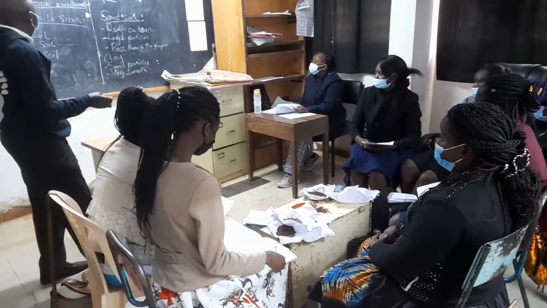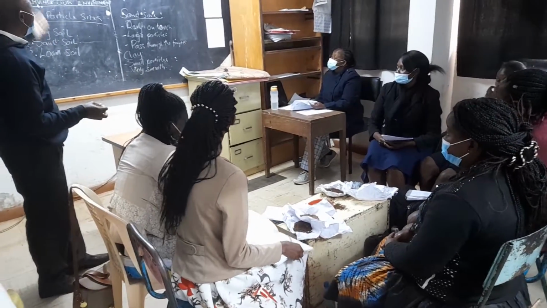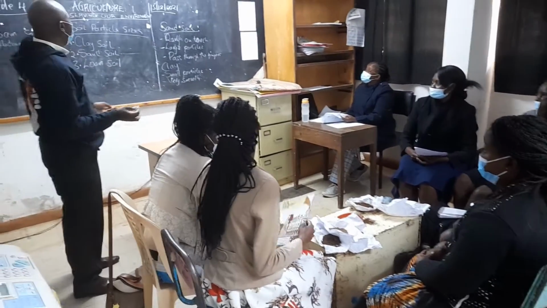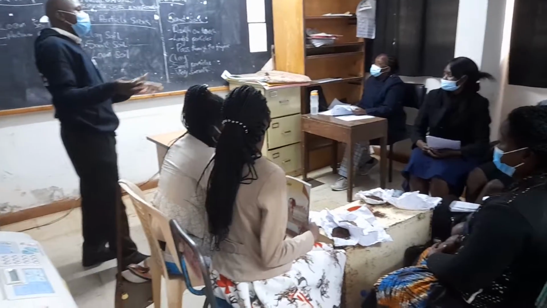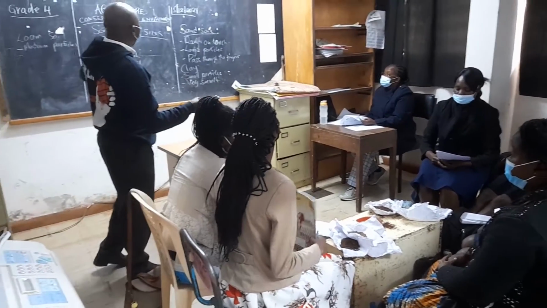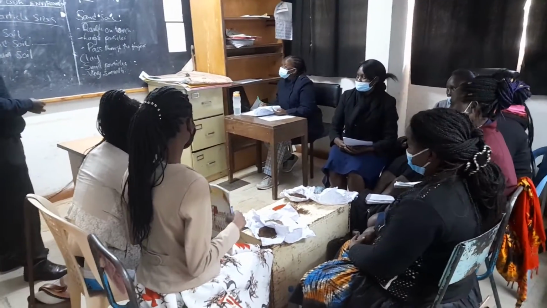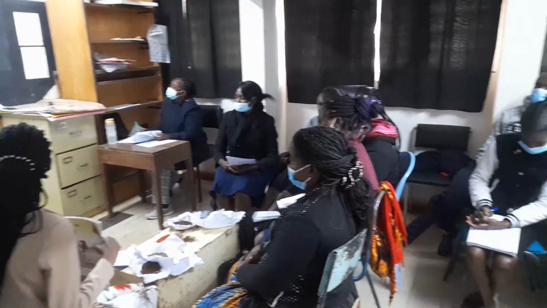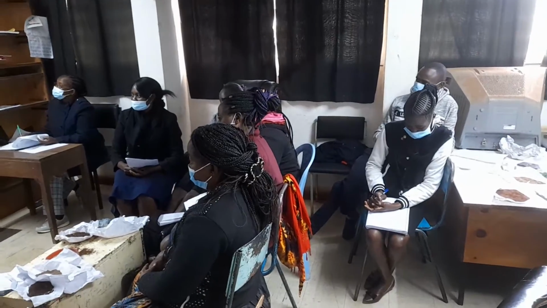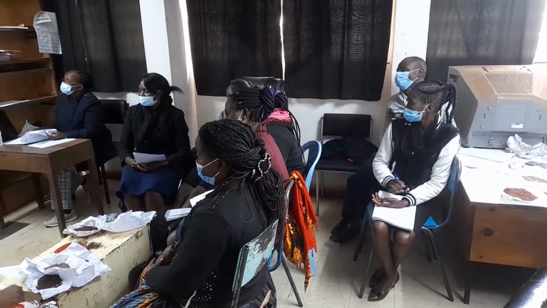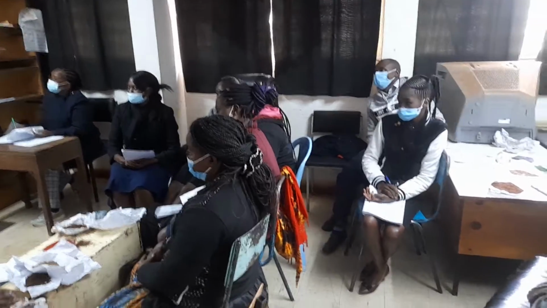Today we were learning about conservation of our environment and how we can classify the soils using the different soil particles. You gave me three types of soils found in our environment: clay soil, sand soil, and loam soil. We have also talked about the characteristics of these soils using the soil particles.